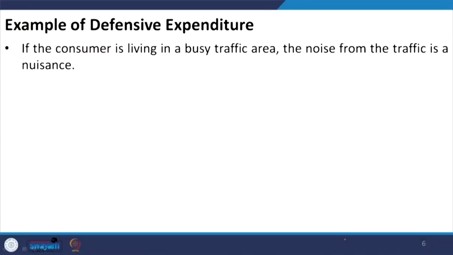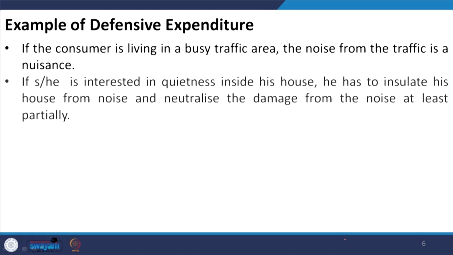So, another example we can take into account. Here we are talking about the traffic area. Let us suppose the consumer is residing in a busy traffic area, and obviously he or she will be interested in avoiding the noise from the traffic, because it is a nuisance for his family and kids. So what would this family be interested in?